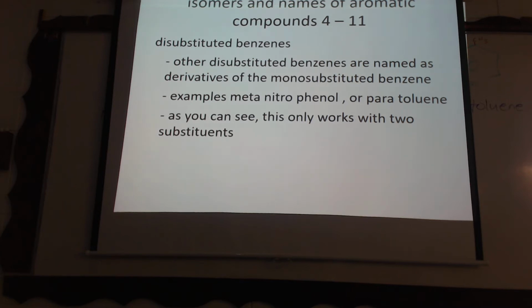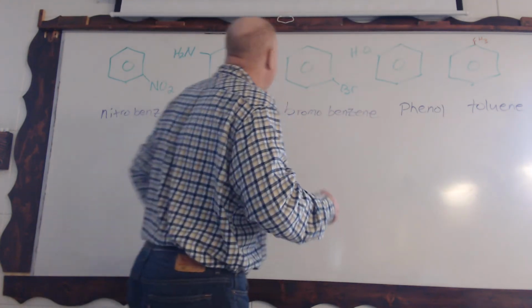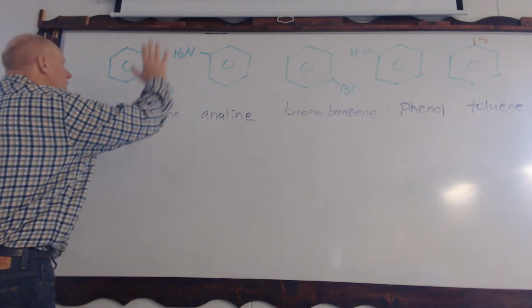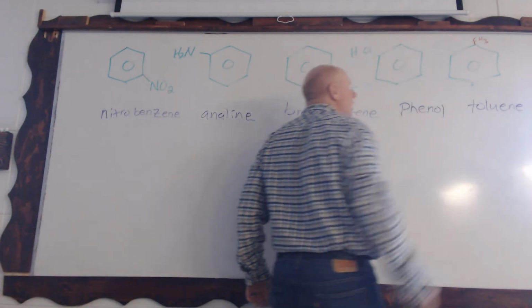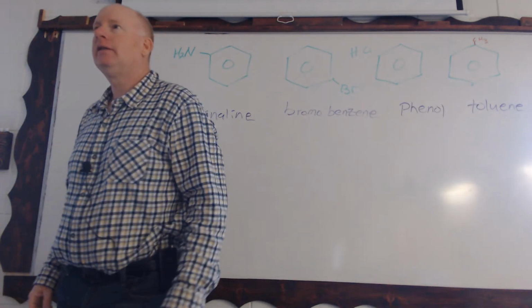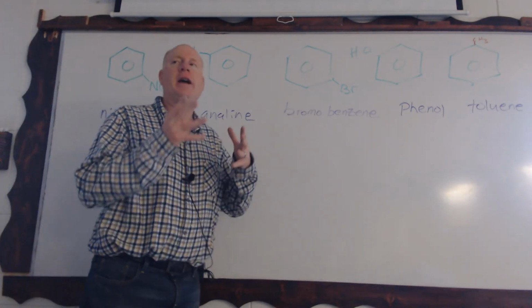All right, so we want to talk about some of these behind the board. You can go ahead and pick any one of these, because as you can see, these are all monosubstituted benzene rings, because there's only one derivative on there. Should we put another one on there, then you get your disubstitution, and you can use that abbreviation.